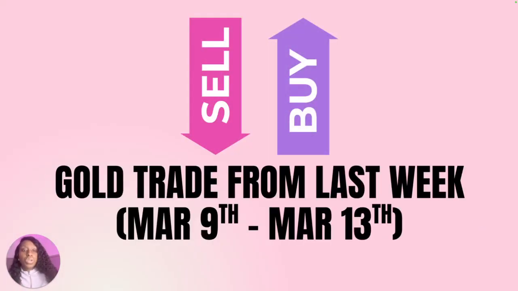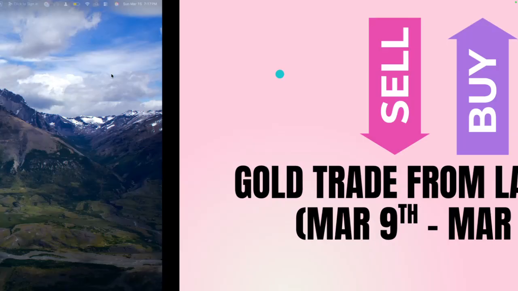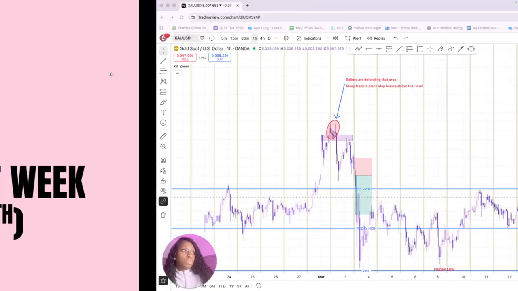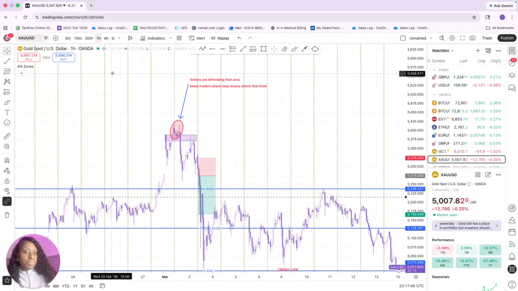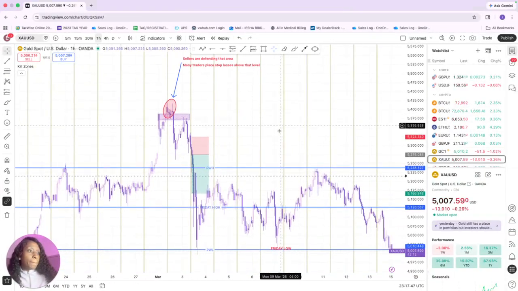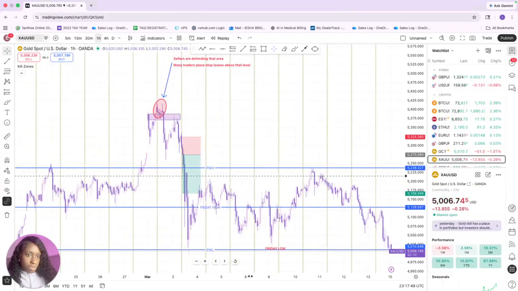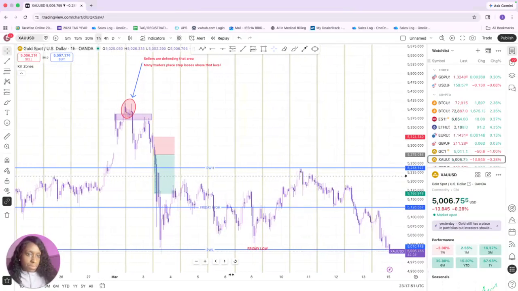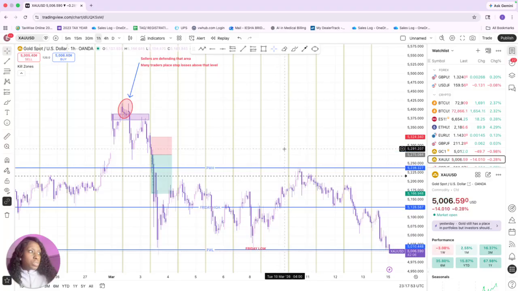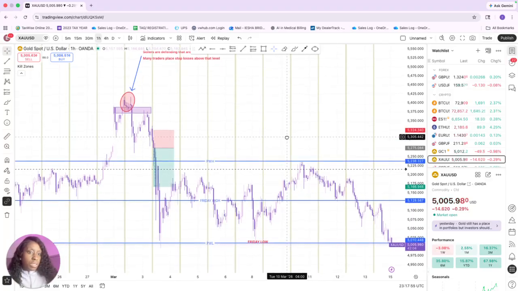Okay, gold trade from last week. Before we get into the execution, I just want to take a quick look at the charts. All right, so you'll notice that I have some key levels marked out already.